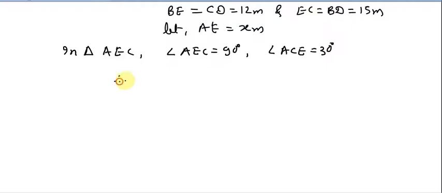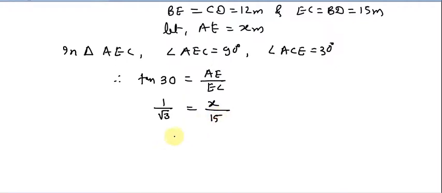So therefore the best suitable trigonometric ratio is the tangent ratio. So tan 30 equal to AE upon EC. So tan 30 is 1 by root 3 from the table. AE is X, EC is 15. So X equal to 15 upon root 3.